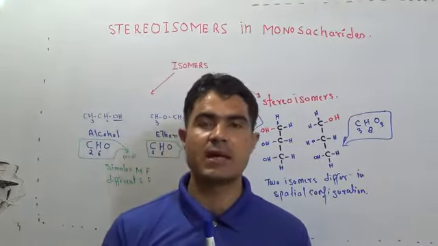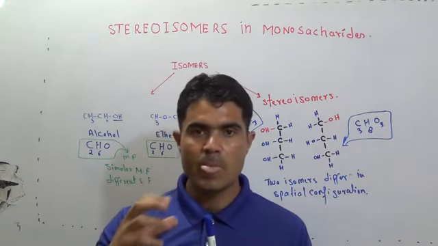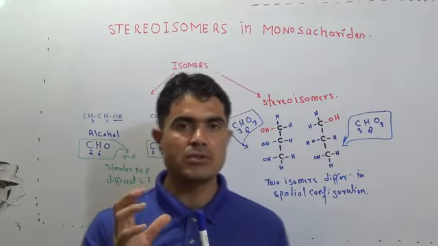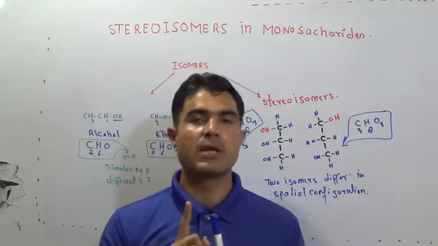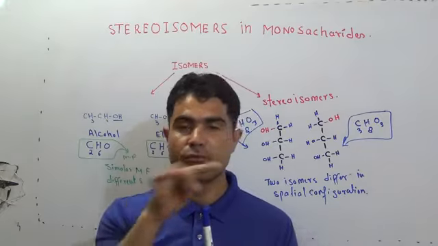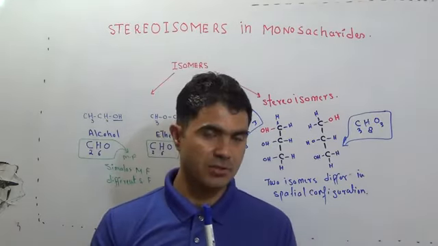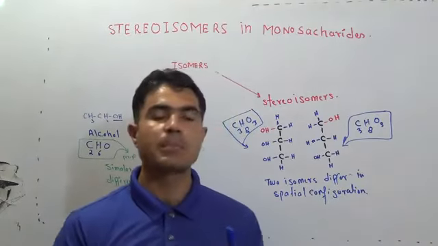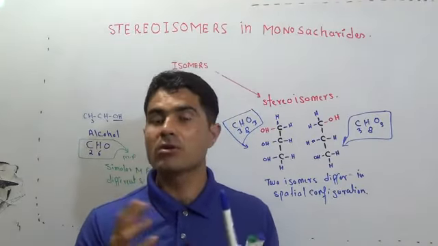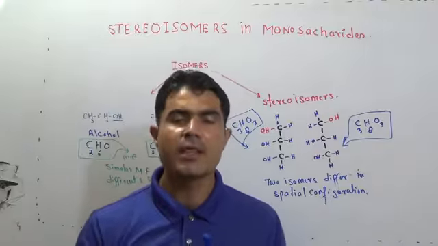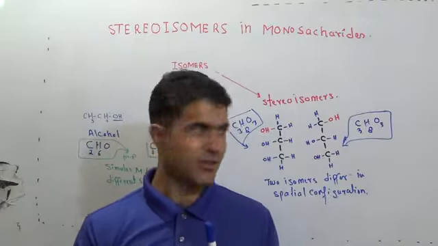We call them the x-axis, y-axis, z-axis. So if two compounds differ from one another with respect to the configuration in 3-dimensional space, we call them stereoisomers. And there are different kinds of stereoisomers that we will discuss in today's lecture.